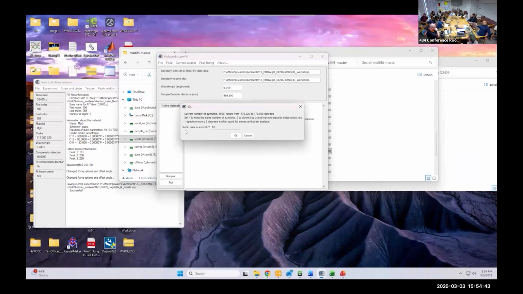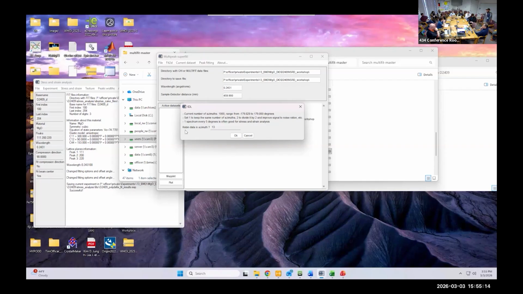Okay, so now it's saying that the current number of azimuths from basically minus 180 to plus 180 is 1,000. So that's saying around the ring, it's taking 1,000 little slices. Imagine you took 4 around the ring. Then you'd integrate over that to get a single 1D pattern.